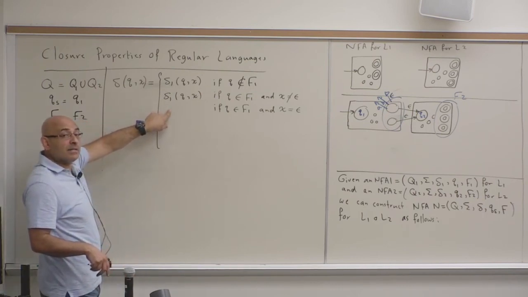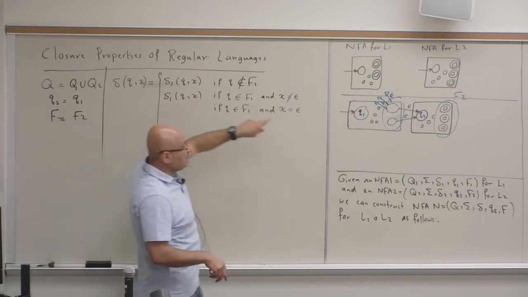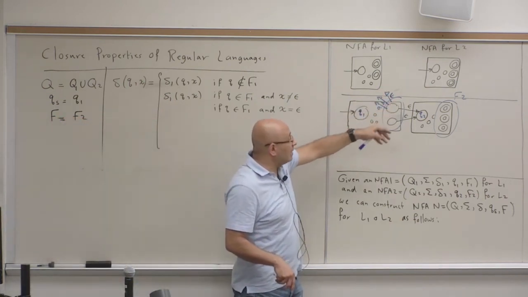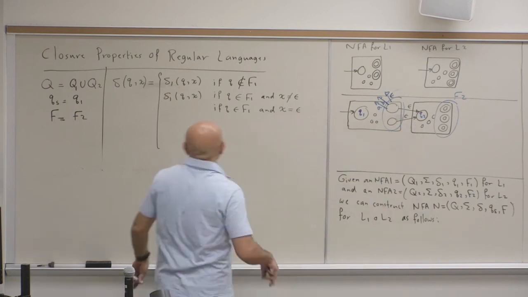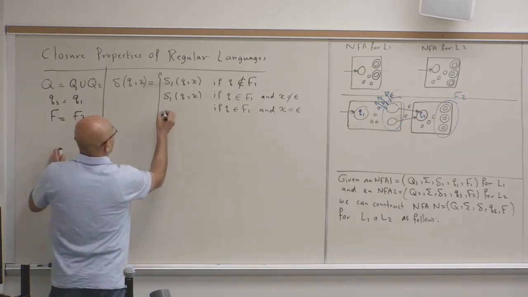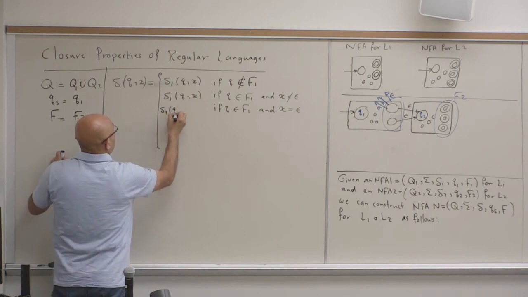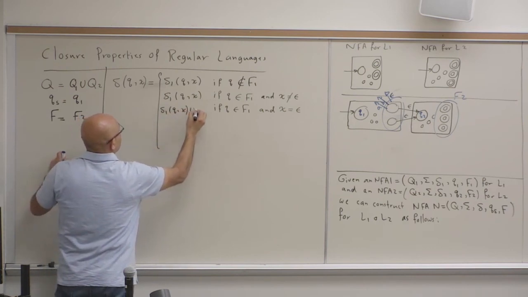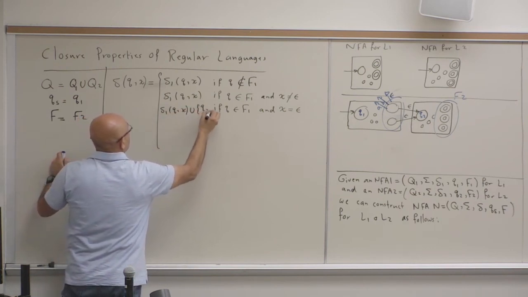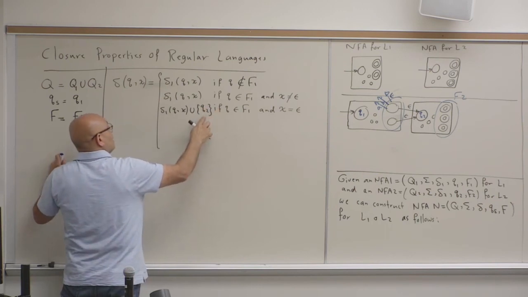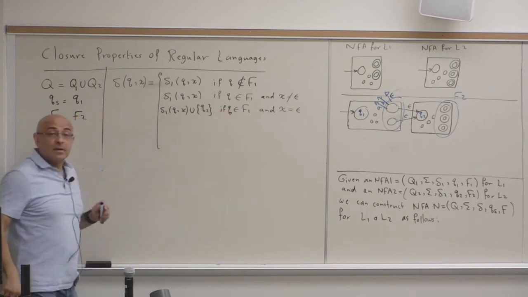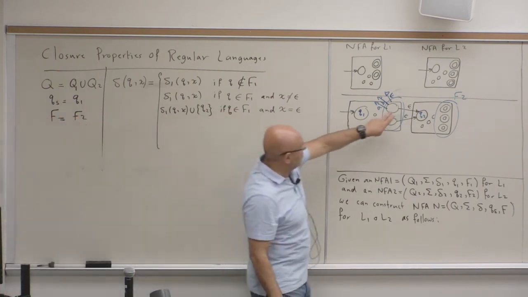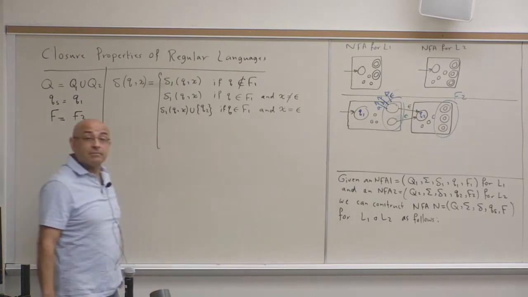How would I express this mathematically? I'm keeping everything that was there, and I'm adding a transition to Q2. So this is going to be delta 1 of Q and X union Q2. I'm adding the set Q2 to the set of transitions for these final states.